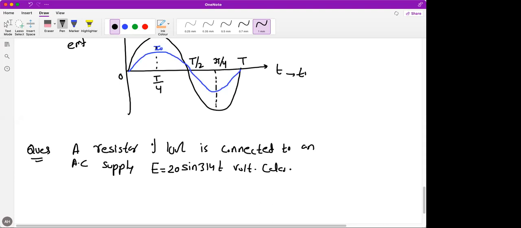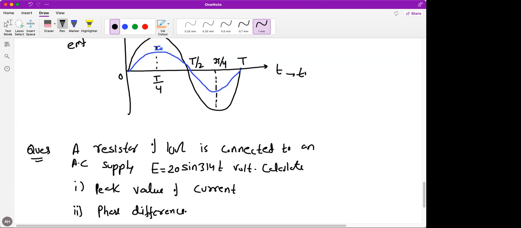Calculate: first part, the peak value of current. Second part, I need the phase difference between EMF and current.